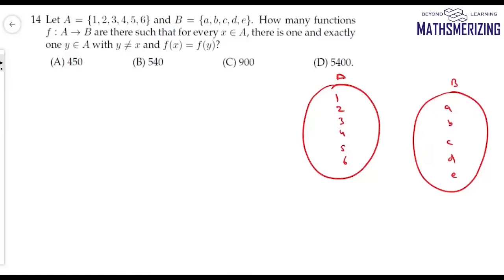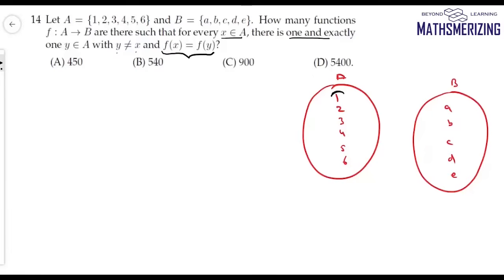Now in question number 14, we are given two sets A and B, and we need to find the number of functions from A to B such that for every x belonging to A, there is one and exactly one y with y unequal to x and f(x) equals f(y). That means for each and every element, there must exist another element such that the value at x must be the same as the value at y.